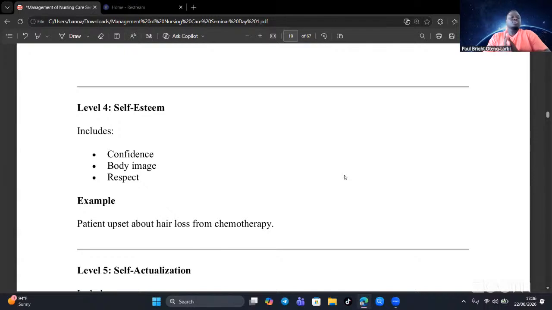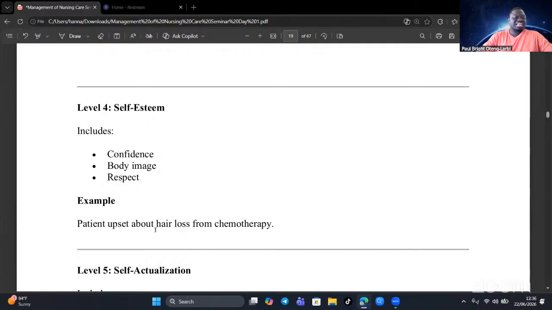Self-esteem, confidence, body image: teenagers who come to the hospital and have had an appendectomy. They are worried about the suture on their skin, they are going to get a scar. They are worried, anxious. You are going to prioritize that over a patient who has airway blockade? No, it doesn't work like that.